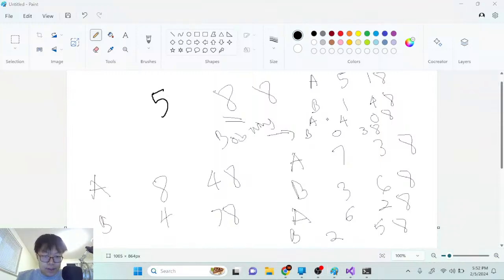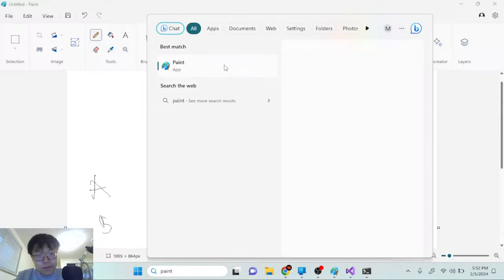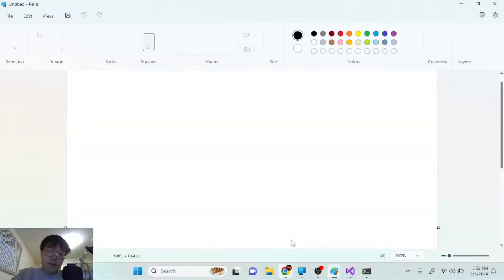Let's open another Paint. I feel like we're having some problem going on. Oh, I forgot.